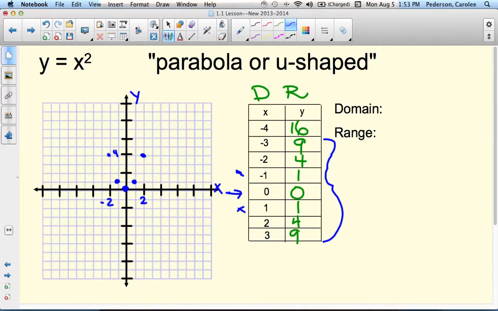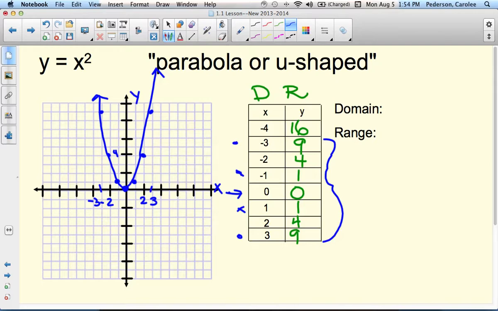And then our last pair is -3, 9 and +3, 9. So right 3, left 3, and notice they're both up 9 units. And now we connect the dots. And this is our parabola.